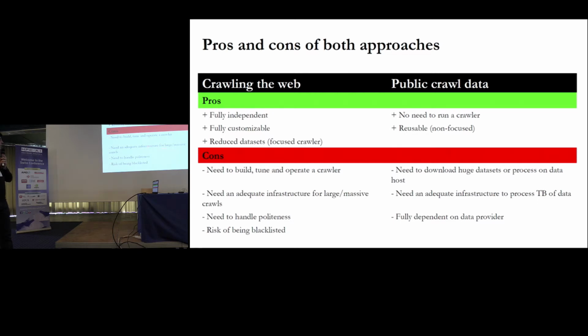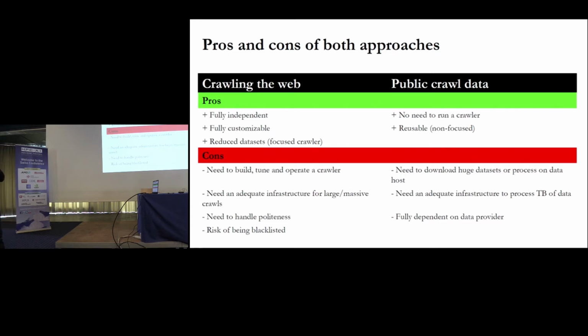For large, massive crawls, you need an ad hoc infrastructure. One important thing is that you also need to handle politeness: you cannot be too aggressive with the servers that you visit with the crawl. Otherwise, you get blacklisted.